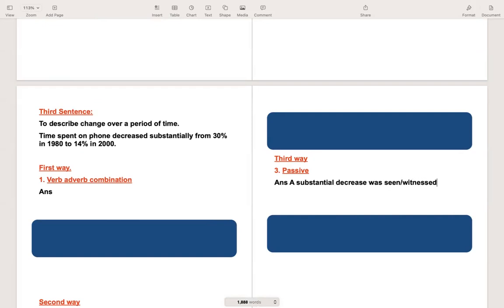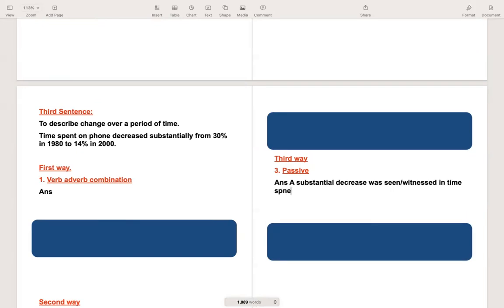A substantial decrease was witnessed in what? In time spent on phone. And then you can write from 30% in 1980 to 14% in 2000. So that's the way you do it. So these are the three sentences.